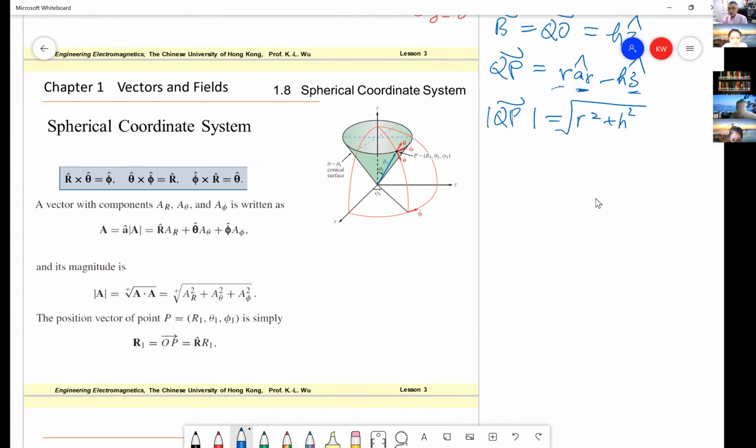And similarly, the spherical coordinate system is defined by 3 surfaces, okay? One surface is theta, which looks like a cone, like an ice cream cone, right?